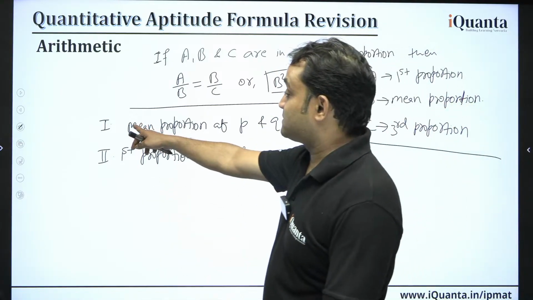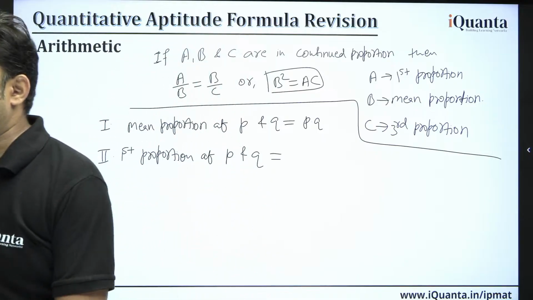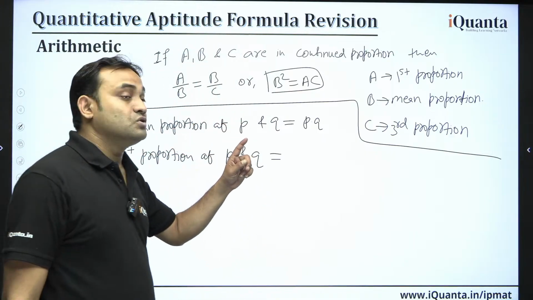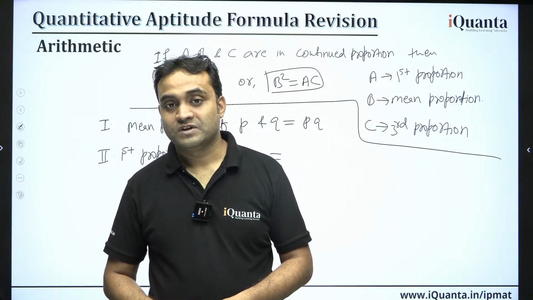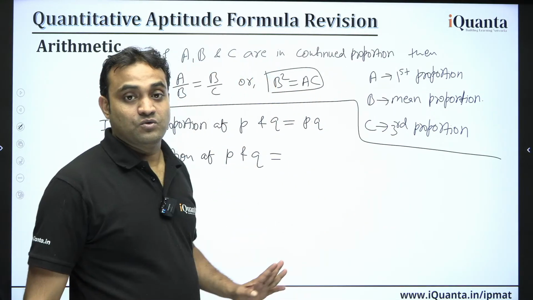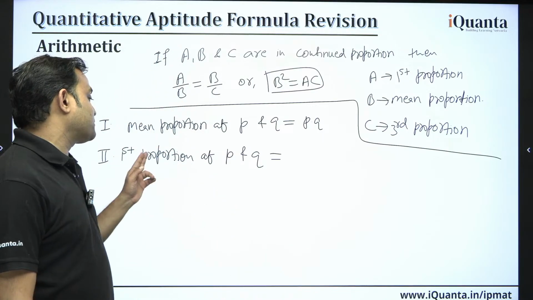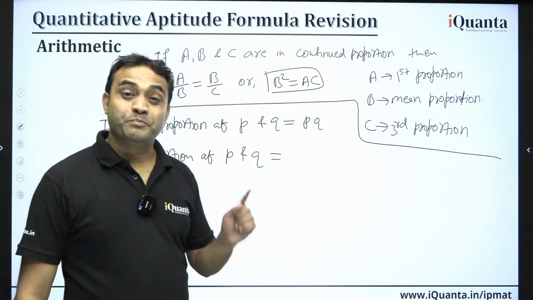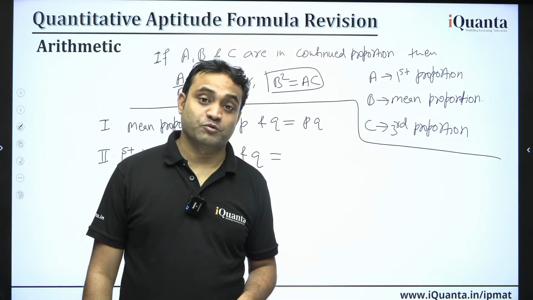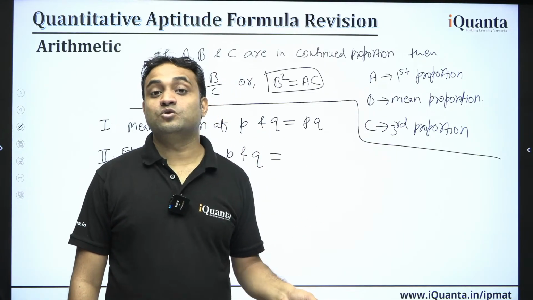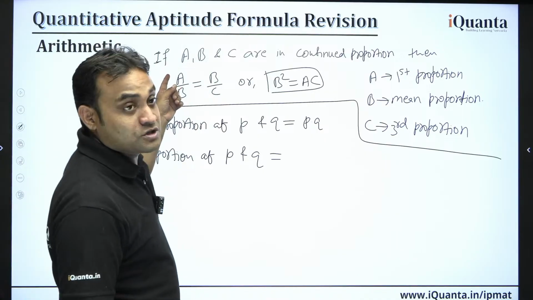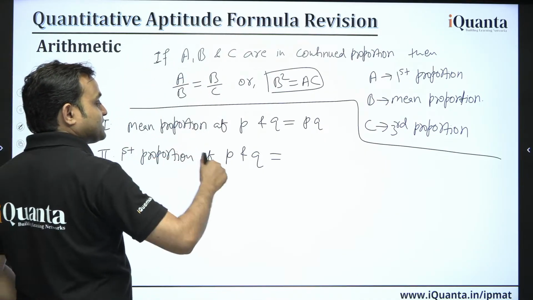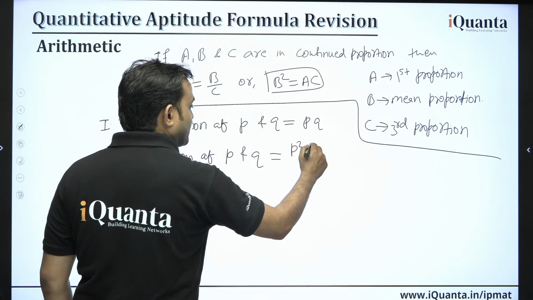In the first point, mean proportion of P and Q means P is the first proportion and Q is the third proportion, so mean proportion will be PQ. But if it's given that first proportion of P and Q, it means P is the second or mean proportion, Q is the third proportion. In that case, the first proportion A is B square by C. So this will be P square upon Q.